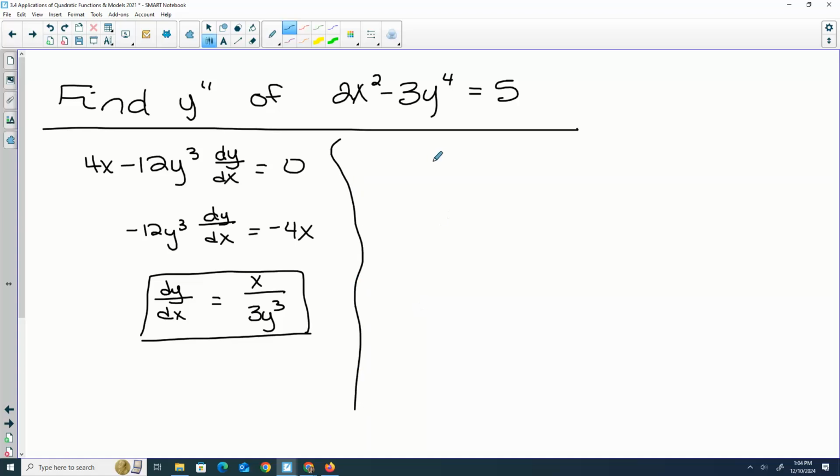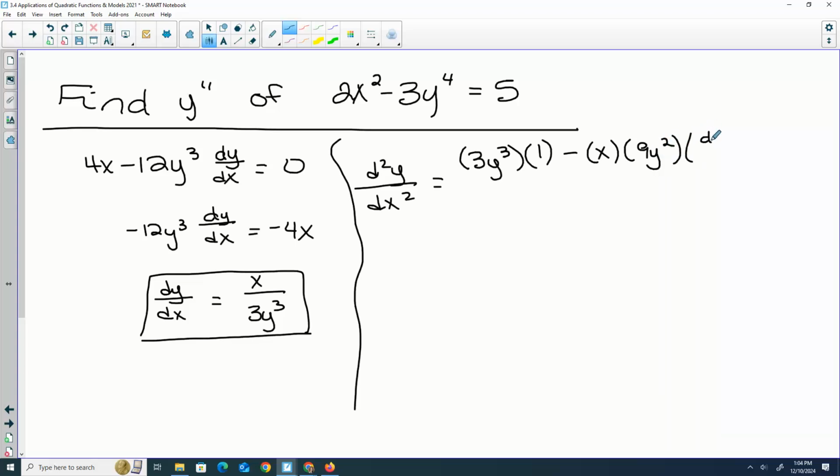Now, second derivative. So low, 3y cubed, d high, derivative of the top, minus high, d low, derivative of the bottom, it's 9y squared, 2y dx, over low squared.